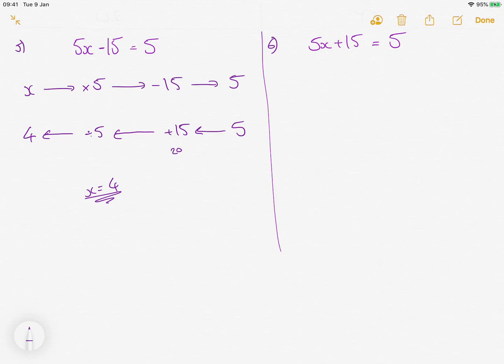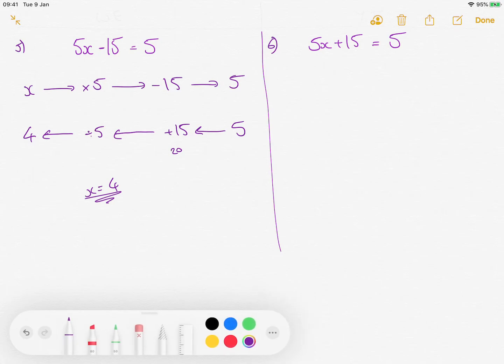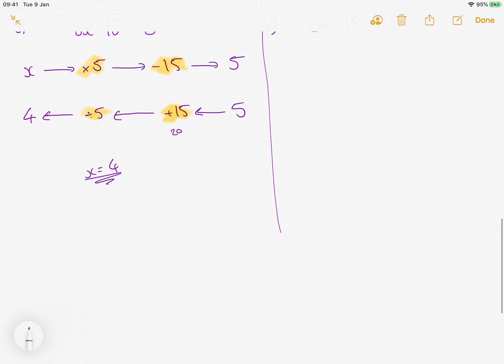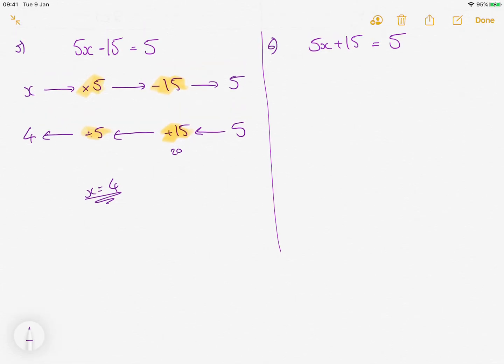Notice this method relies heavily on using the inverse still, because at each stage we're thinking about what the inverse of taking away 15 is and what the inverse of multiplying by 5 is. Again, this method has its problems because I just think it relies heavily on the x being at the front, whereas it could have said negative 15 add 5x, and you might think that, okay, we're taking away 15, then we're adding 5, or we're timesing by 5, and that's not actually the case.